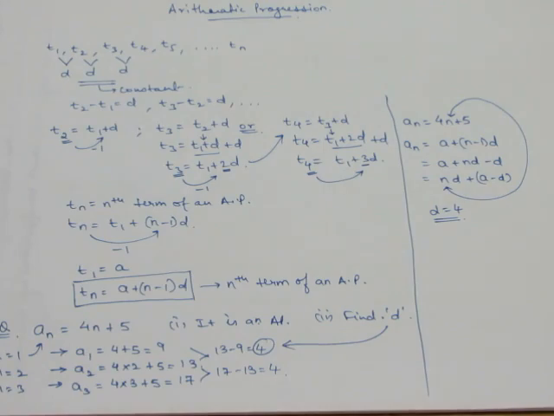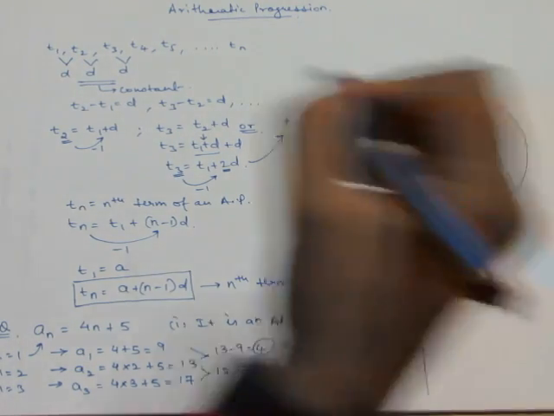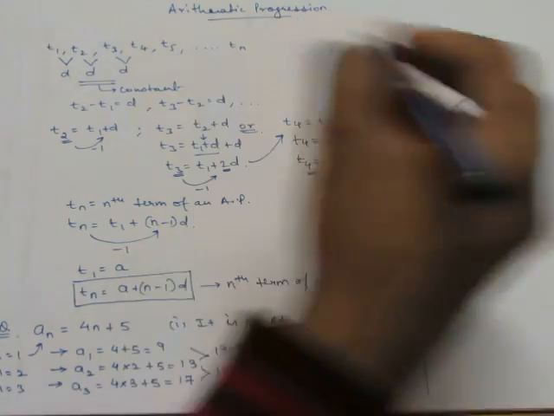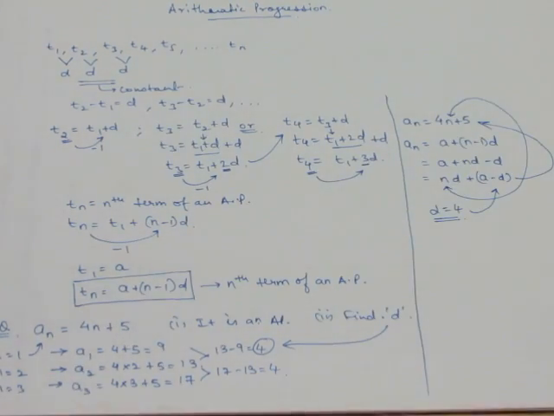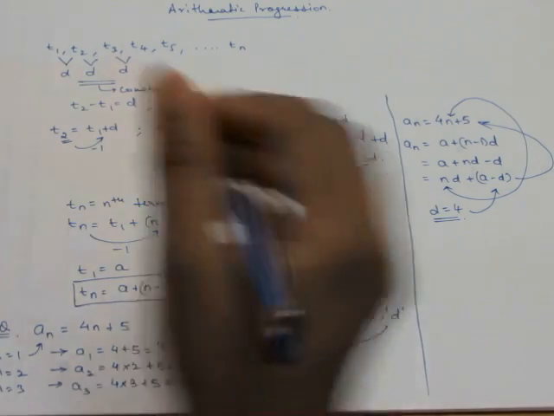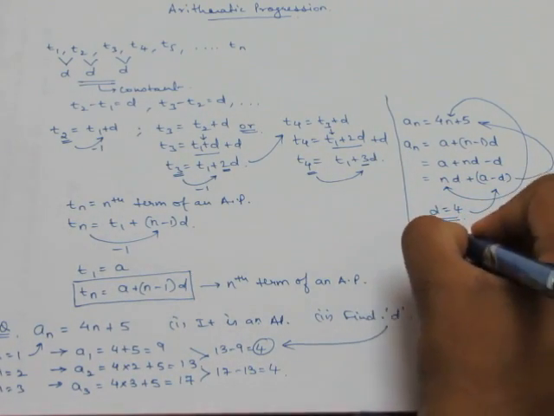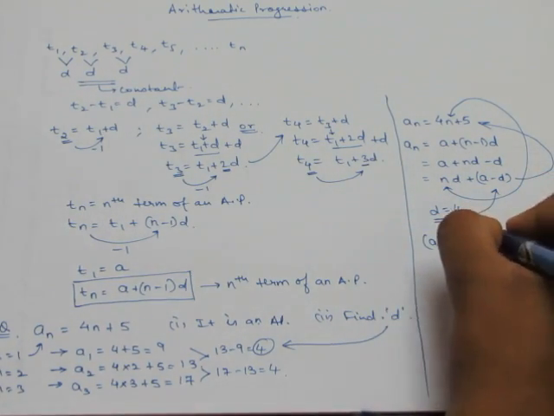Right? And if I put the value of d in this equation and compare this with the constant term, what will I get? A minus 4 is equal to 5.